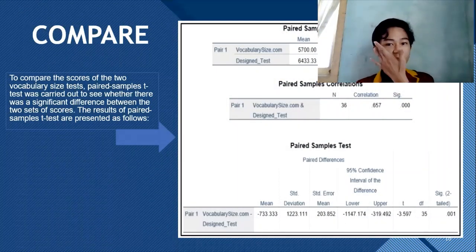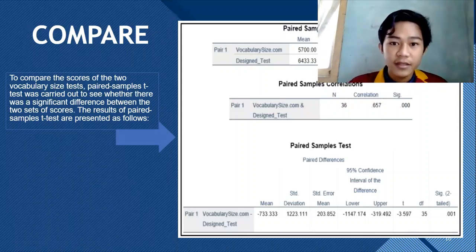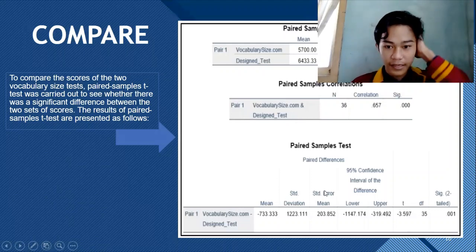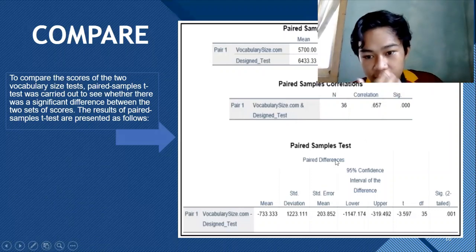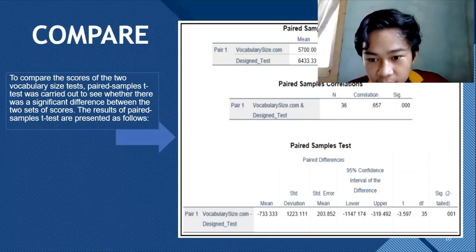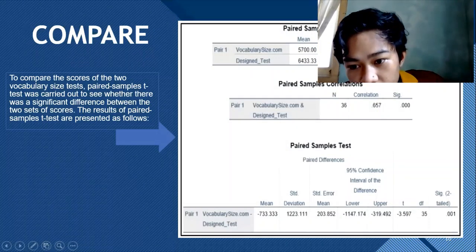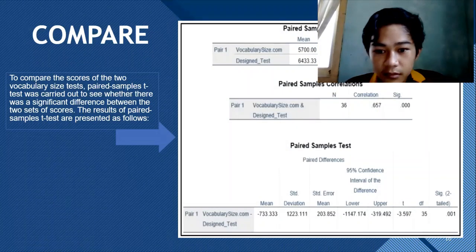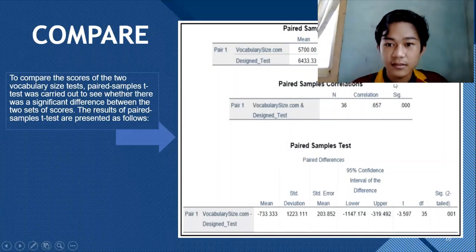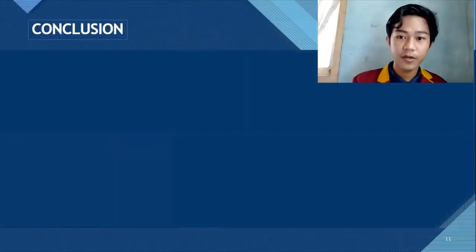As you can see, the paired sample statistics, vocabularysize.com and the designed test, pair 1, and here the paired sample test itself, the paired differences. Okay, then we'll go next.